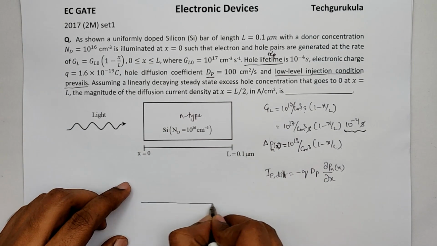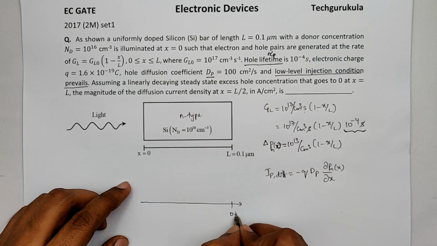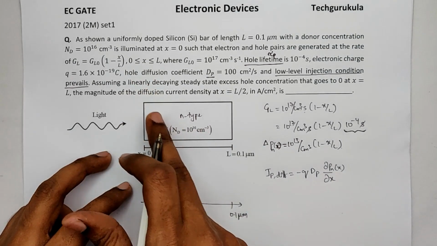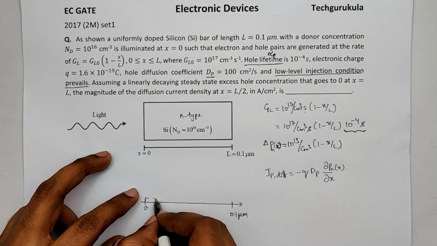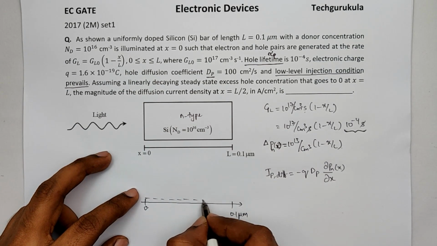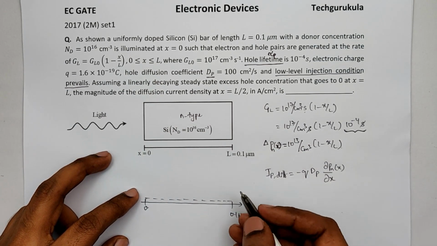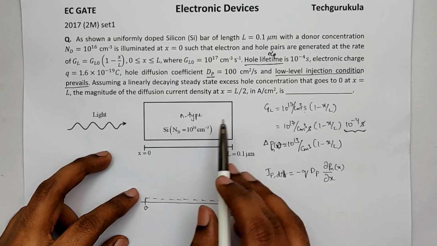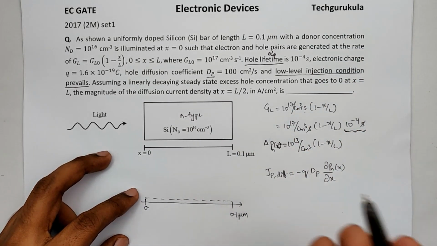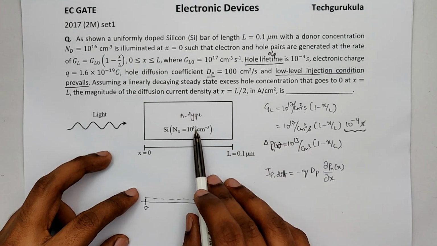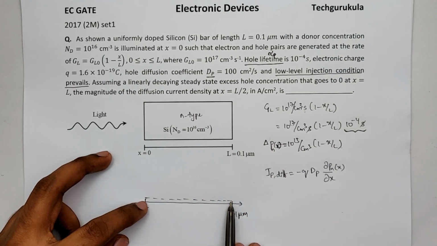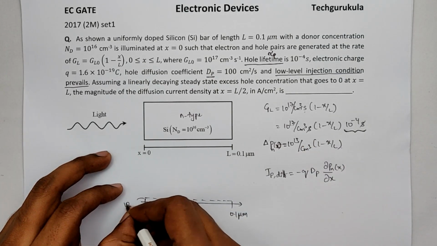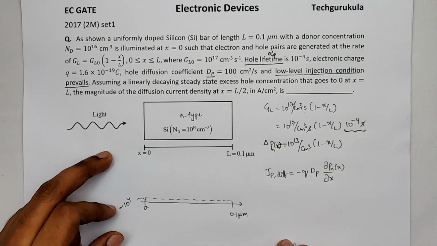So, let me take the x-axis where we have till 0.1 micrometers. This is 0. We know before the illumination, we have some minority carrier concentration, which is the hole concentration, which would be approximately 10 power 4 per centimeter cube, because this is 10 power 16. We know ni square is 2.25 times 10 power 20. 10 power 20 minus 16 would be 10 power 4. ni square by Nd, so this value would be somewhere around 10 power 4 approximately.